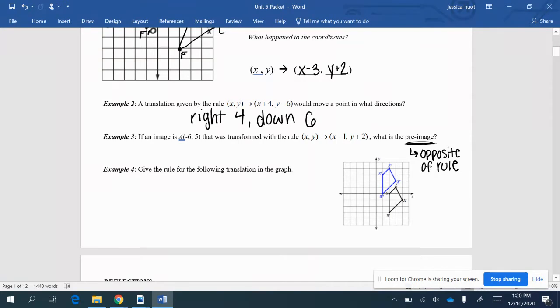Since we are finding the original point that we started with, we are taking the opposite of the rule. So it would really be, we would be taking the image and going right 1 and down 2.